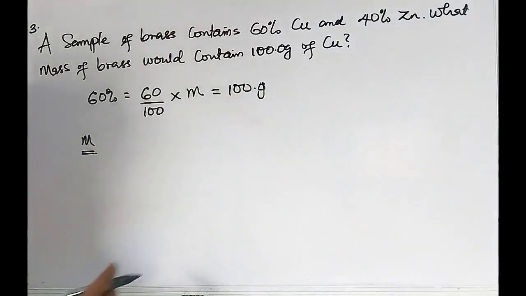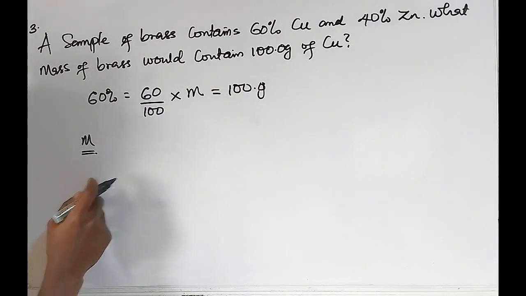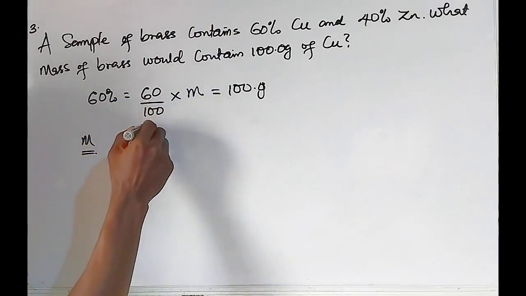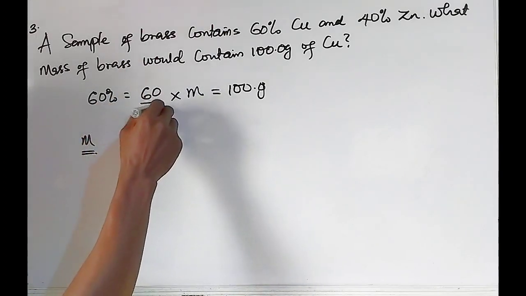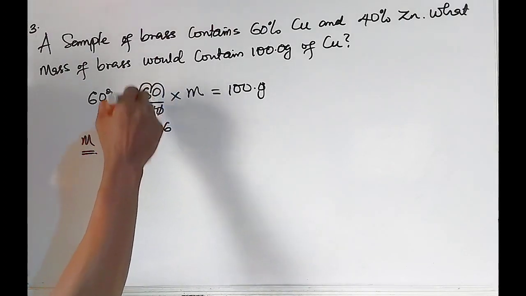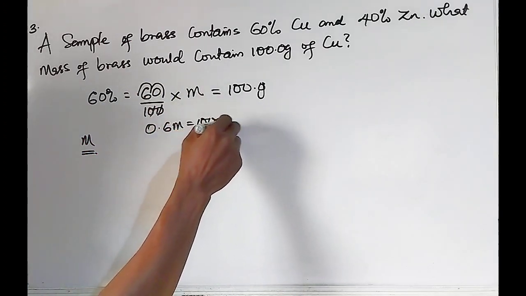of copper. To this end, you can now make M the subject of the formula. 60 divided by 100 here, we can have it as 0.6. So then you have M times 0.6 will give us 100 gram.